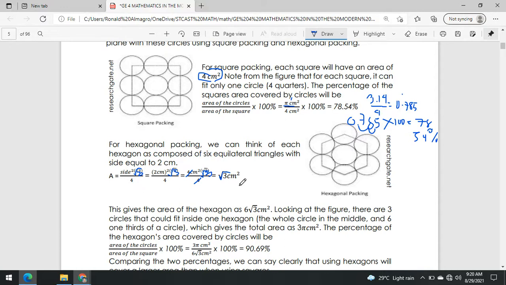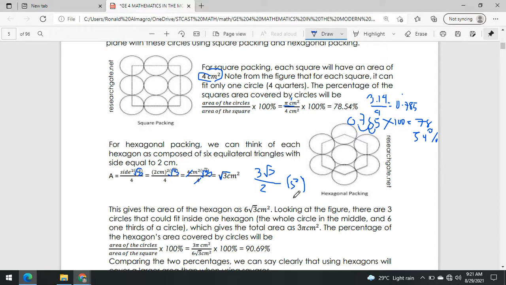Or by using the formula of a hexagon. What is the formula of a hexagon, students? 3 square root of 3 over 2 times s to the power of 2. So this is the formula of a hexagon.